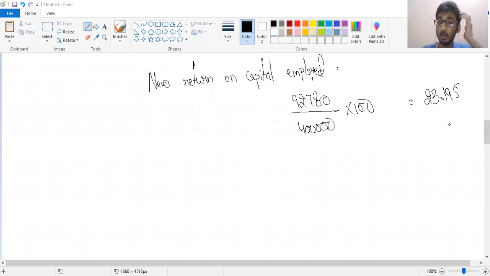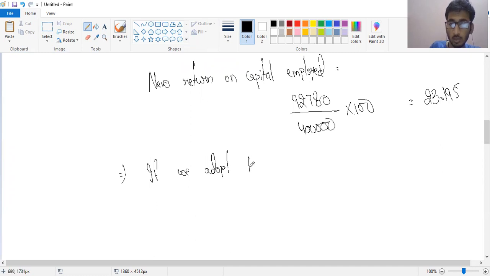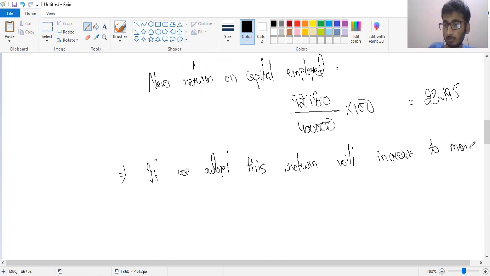Basically, if we adopt the sale manager's proposal, the return will increase to more than 23%.